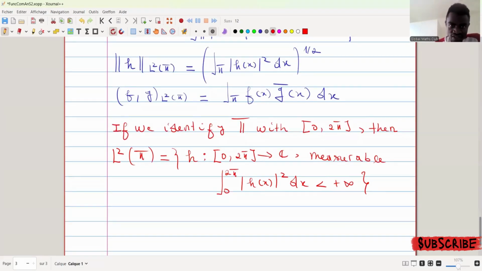So you can do the same thing. So if you want to take the inner product here, it will be the same inner product. So just that you will take 0 to pi.